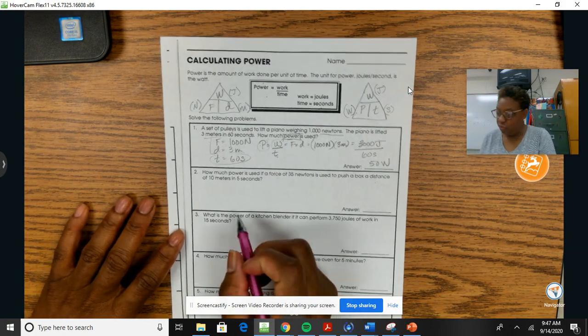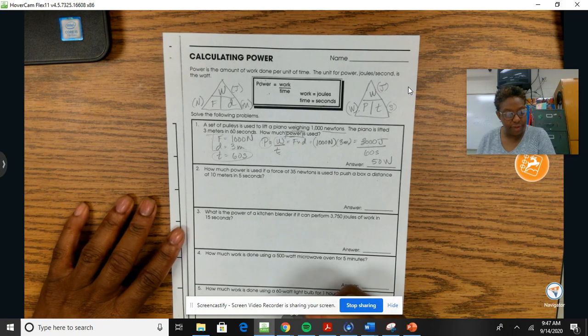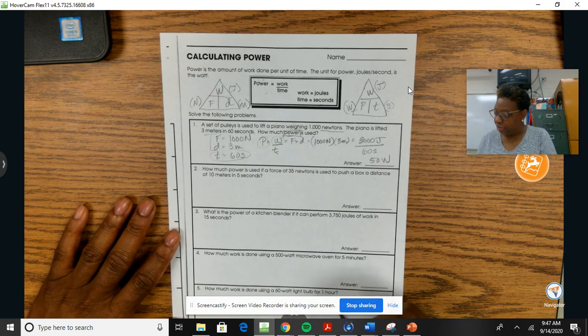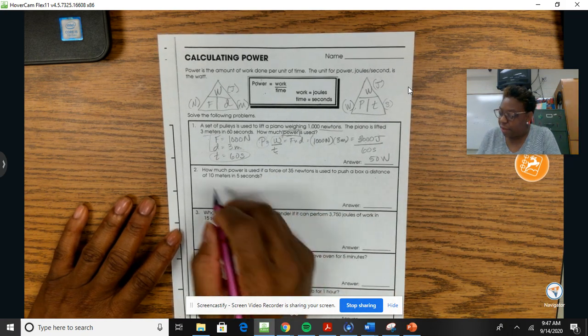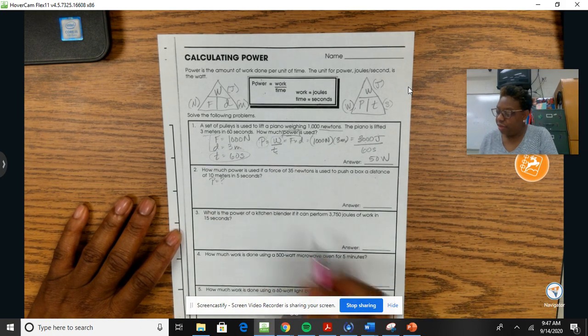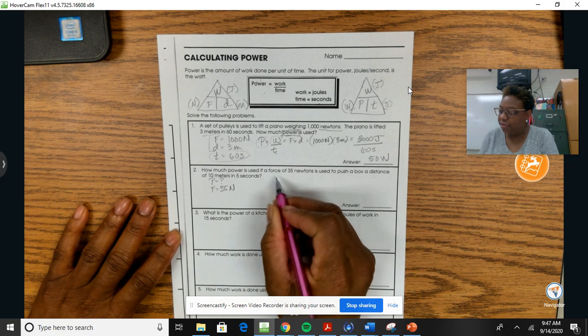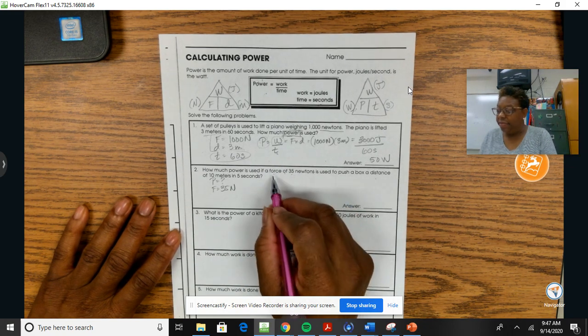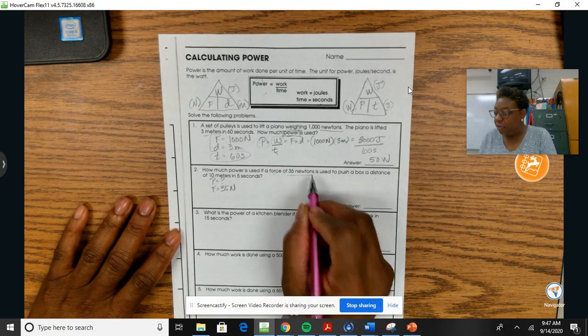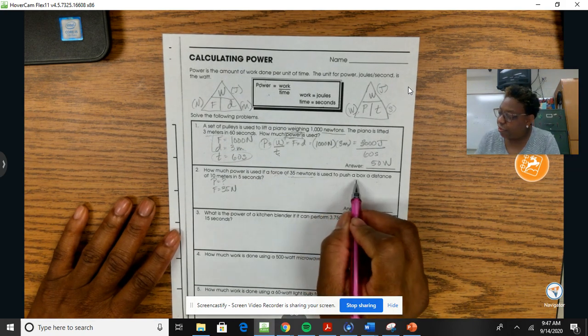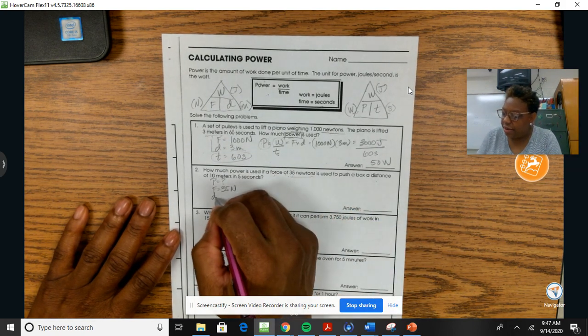Let's do one more like this and then jump down where it's exclusively power. How much power, so that's what we're looking for, is used if a force of 35 newtons, and they tell me it's force in this problem, but even if they didn't, I would know because of the unit, is used to push a box a distance of 10 meters.